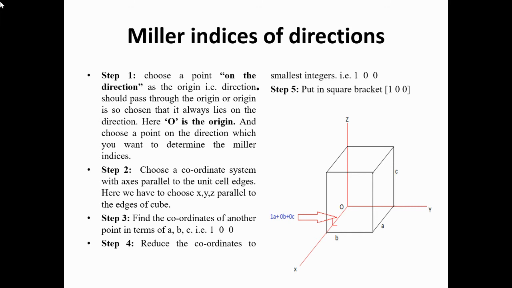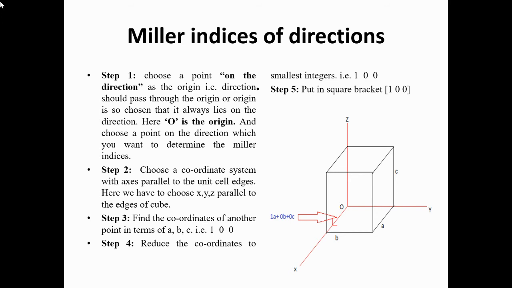Okay, so if we find the coordinates of another point which lies on the direction which is given to us, as the direction is on the x-axis, it will be 1 times A, 0 times B and 0 times C. So that is 1A plus 0B plus 0C.